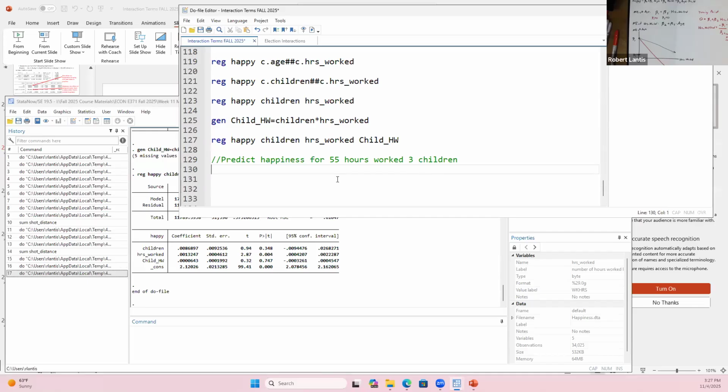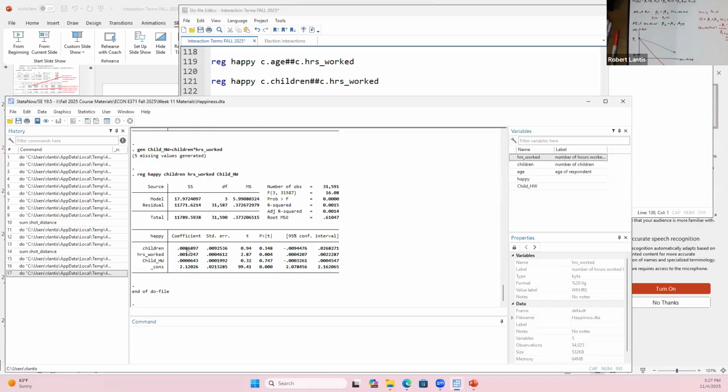Okay. So how would I do that? Well, I take the coefficient on children, that would get multiplied by 3. I would take the coefficient on hours worked, that would get multiplied by 55. I would then take the coefficient on the interaction term. What would I multiply that by?